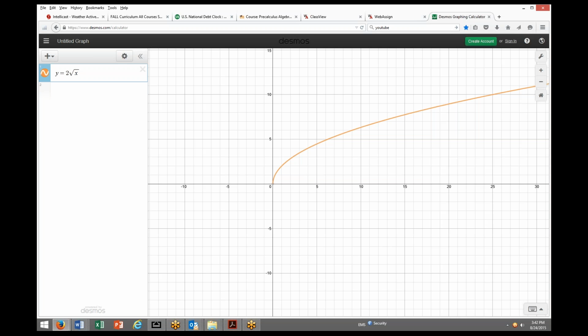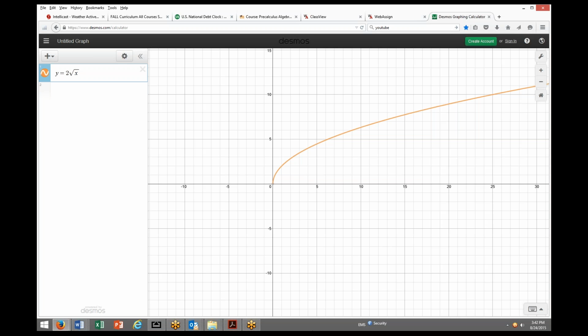And then if you wanted to find another solution point, you could input, to keep it sort of nice, values of x that are perfect squares, that have a nice square root that's a whole number. So for instance, if we entered x equals 4, well, 2 times the square root of 4, the square root of 4 is just 2, so 2 times 2 is 4.